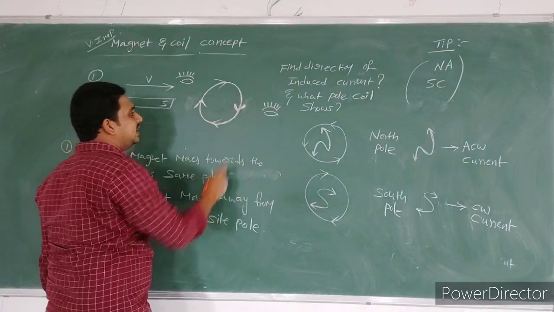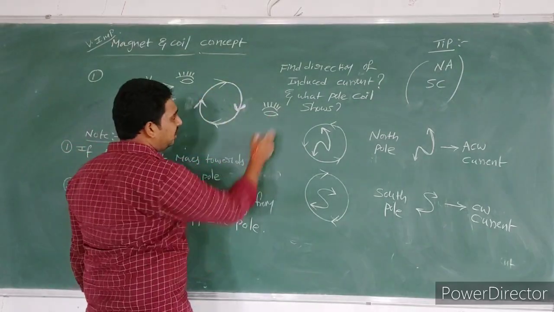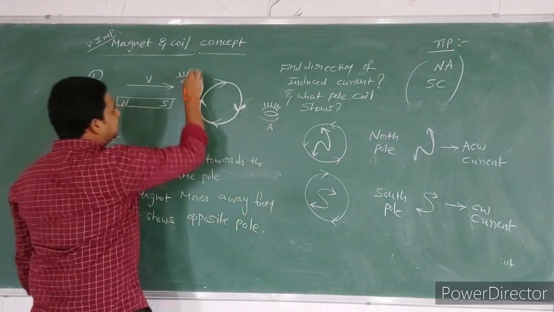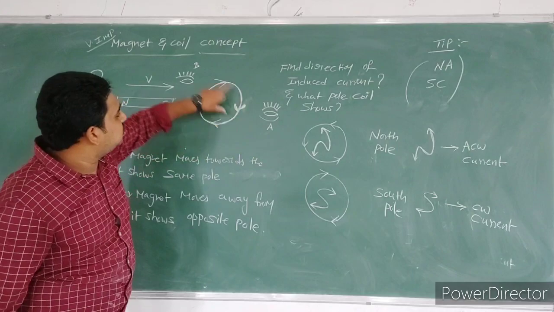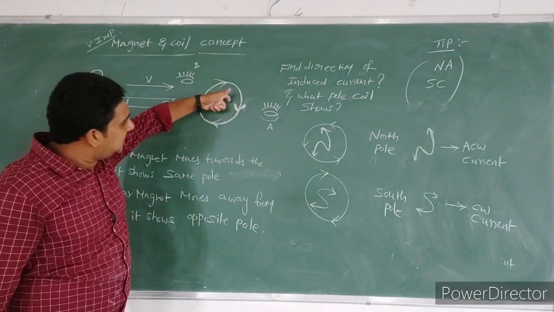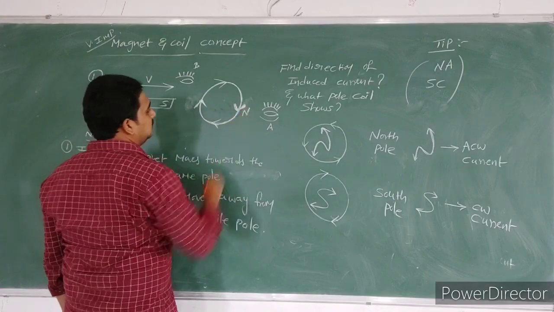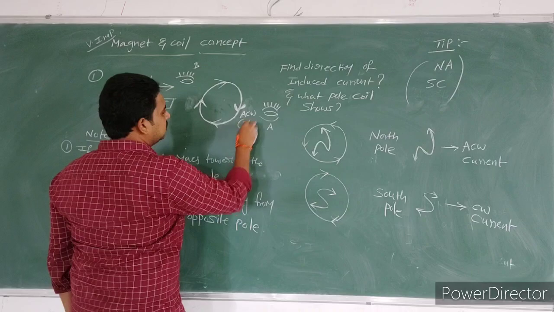That means here the current direction is anti-clockwise. I consider this position as person A and this as person B. According to person A, the direction of current in this coil is anti-clockwise, which is nothing but north pole.